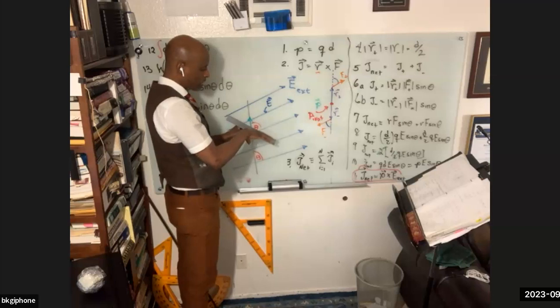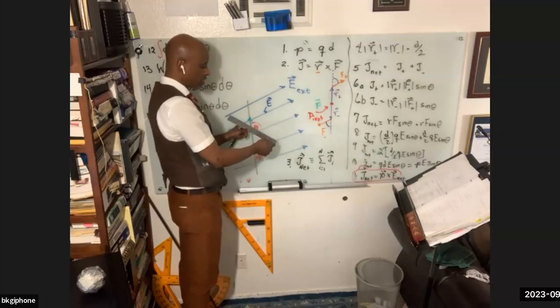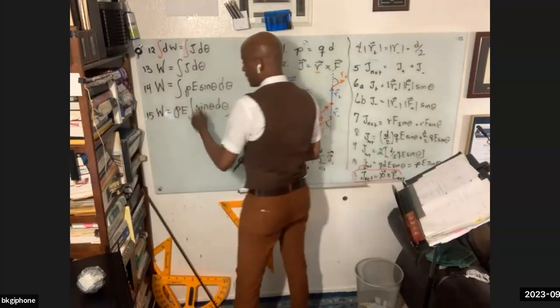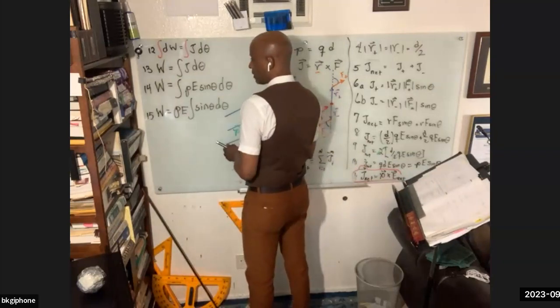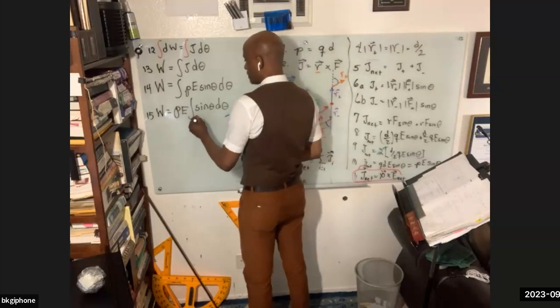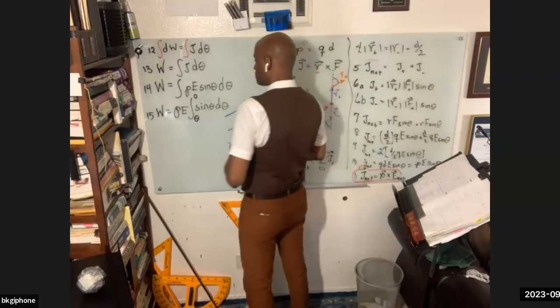If you look at just this one cycle, the final position is 0 degrees and the initial position is theta. So here in the integral, you go from initial theta to final 0 in that cycle.